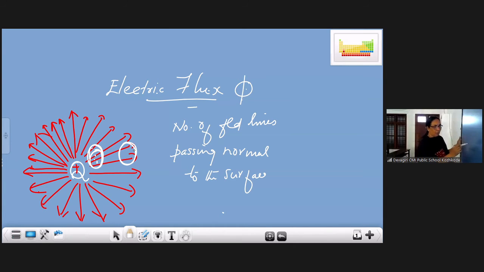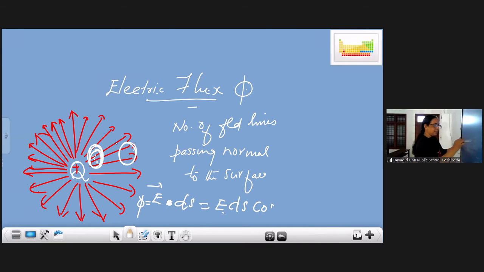Now, how to calculate electric flux? To calculate electric flux, electric field is multiplied by the area. Imagine there's an area ds. So E dot ds is equal to E ds cos theta, since I kept it perpendicular to this. Cos theta is the angle between E and ds. What is the direction of E?